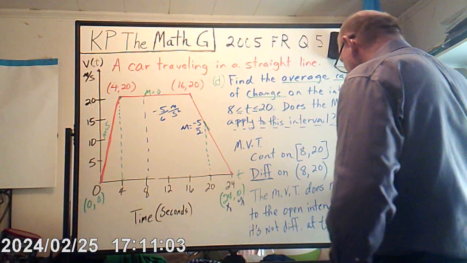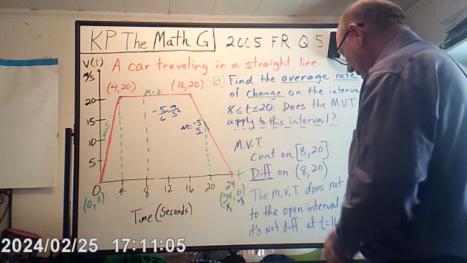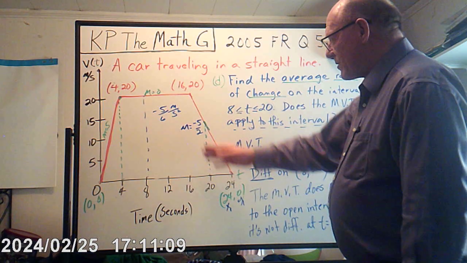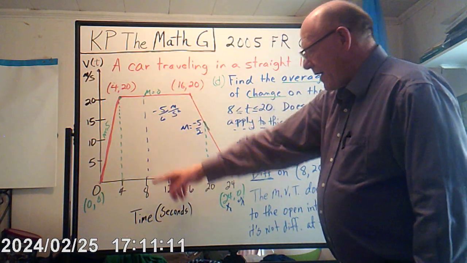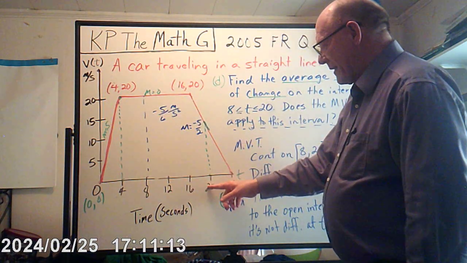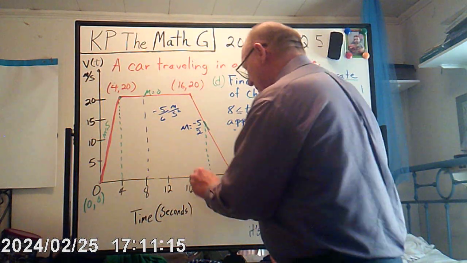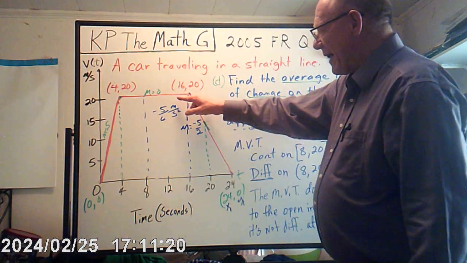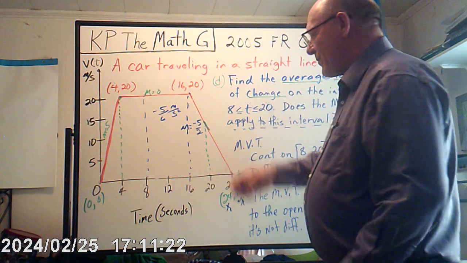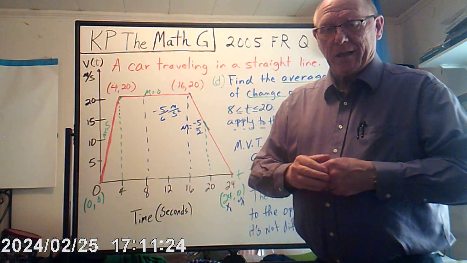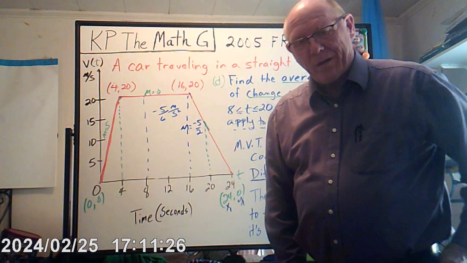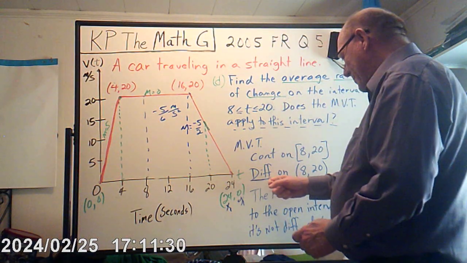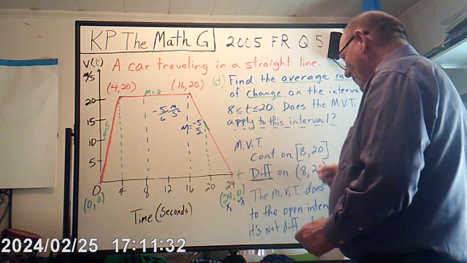There's not a real guarantee here that we're going to be able to find that C in between 8 and 20, since 16 comes up right here. If it was not having two different slopes, then we'd have something going here. But we have to remember it has to be differentiable on the open interval.